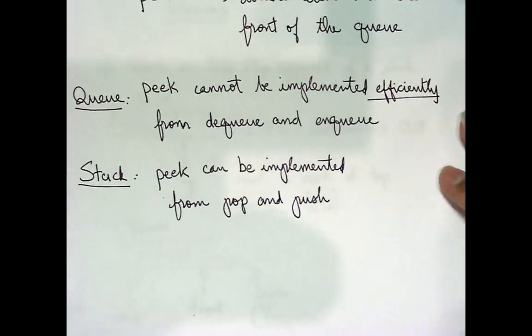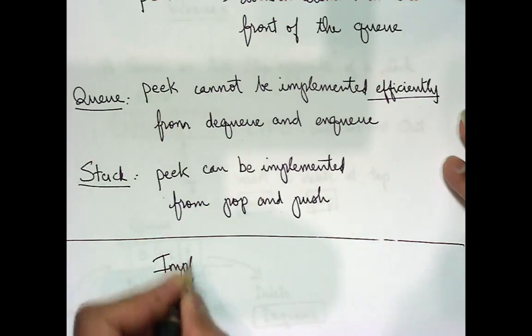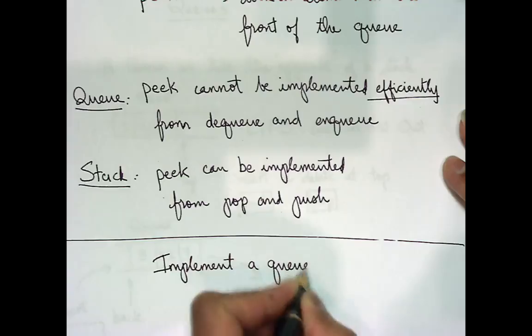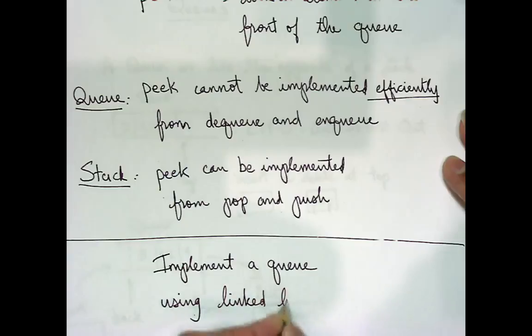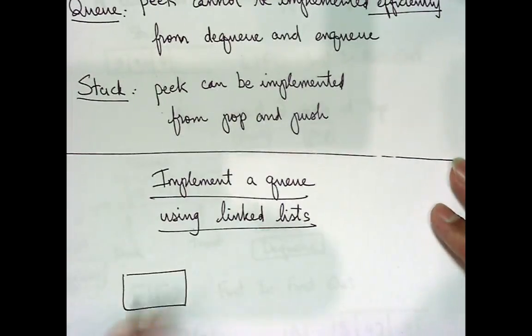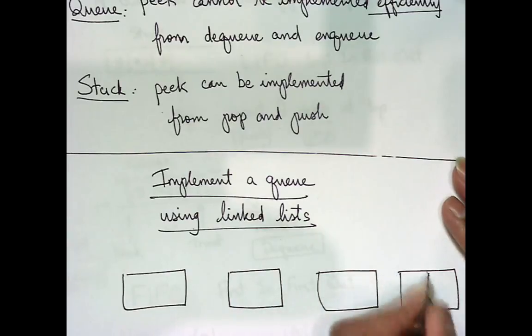Okay, so let's implement a queue using linked lists. Let's take our linked list, and this is null.